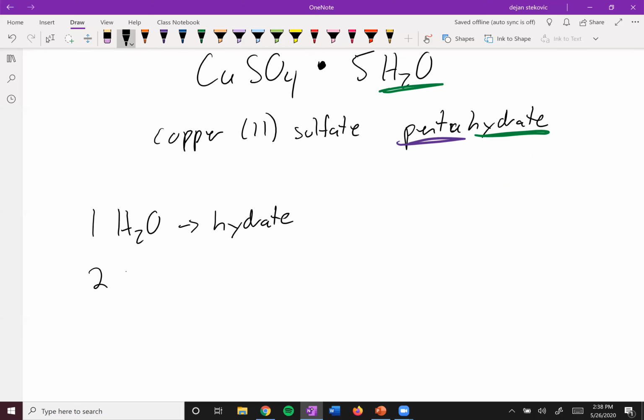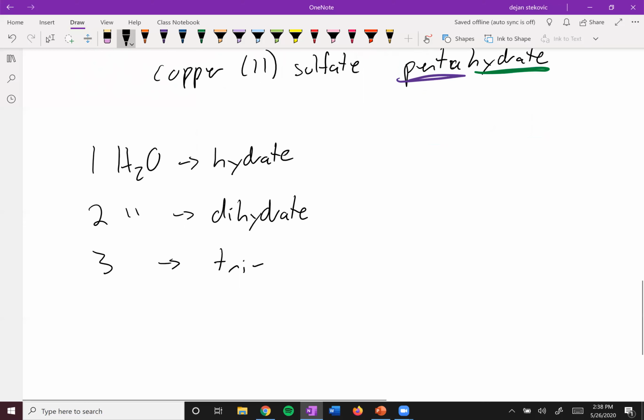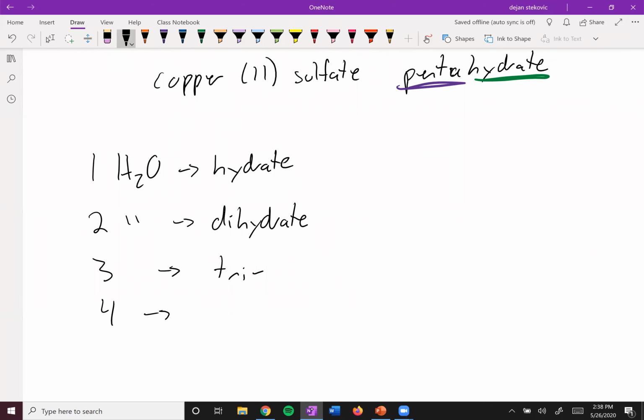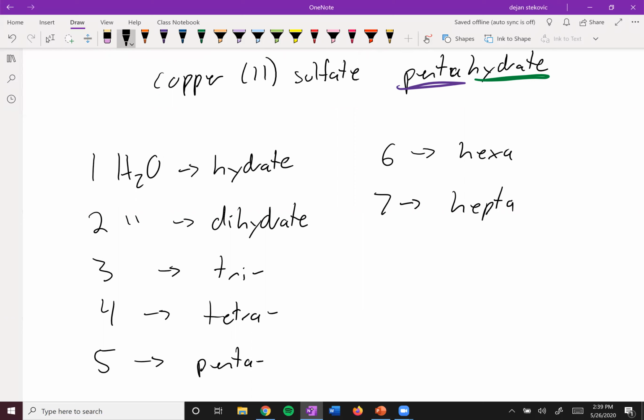For 2 waters, we say dihydrate. 3 is going to be trihydrate. 4 is going to be tetra. 5 is going to be penta. 6 is going to be hexa. 7 is going to be hepta. 8 is going to be octa. 9 is going to be nona.